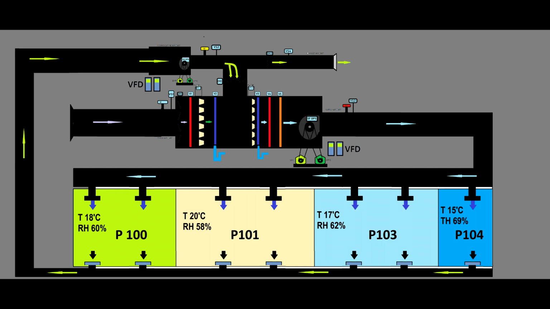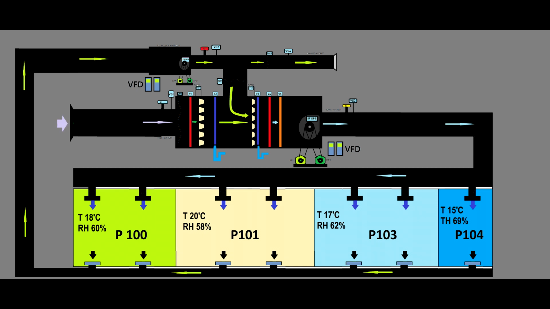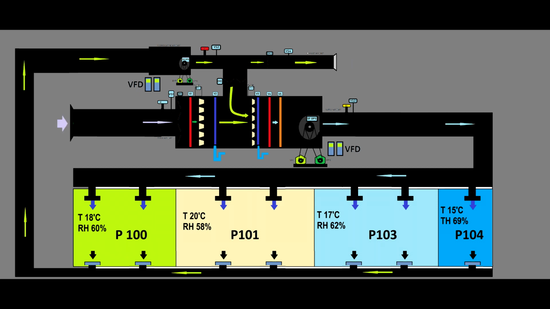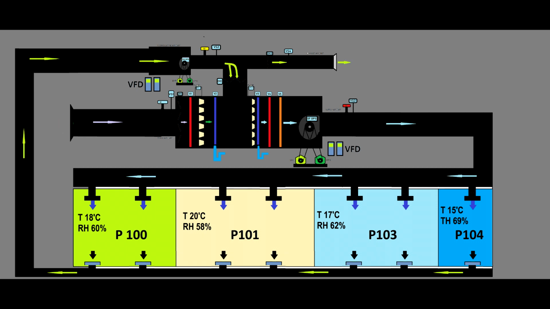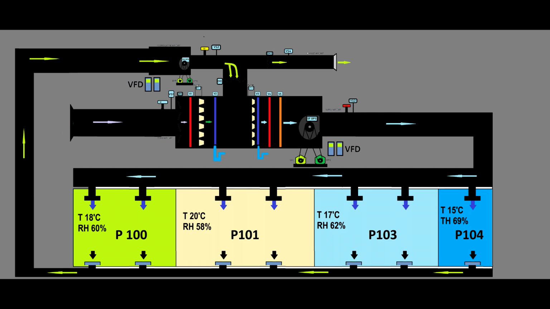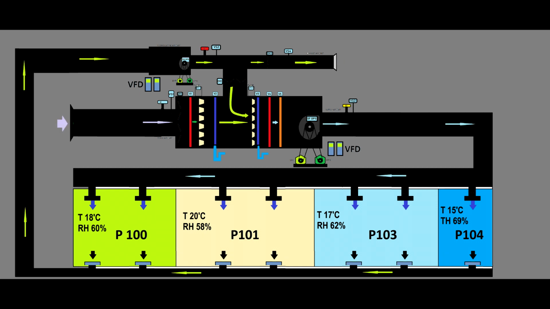If you try to increase the temperature of the right hand side room, which is 104, the room P100 will get hotter. So either way one room will go below the temperature, or another room will go above the temperature, and the engineer can only adjust the temperature of the global airflow, and this is a nightmare.